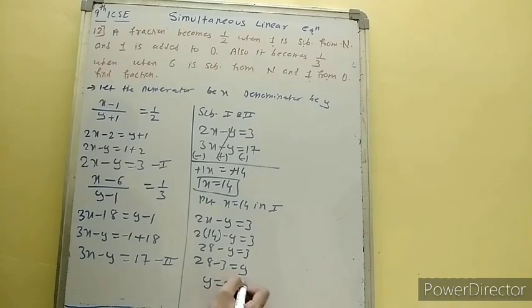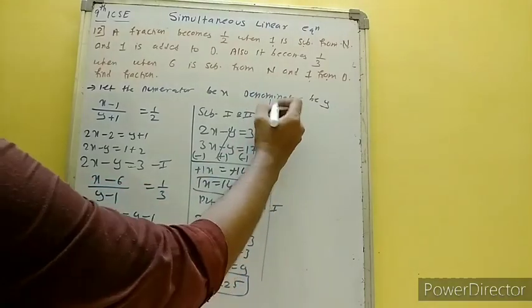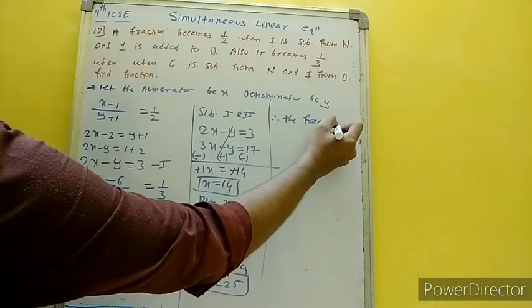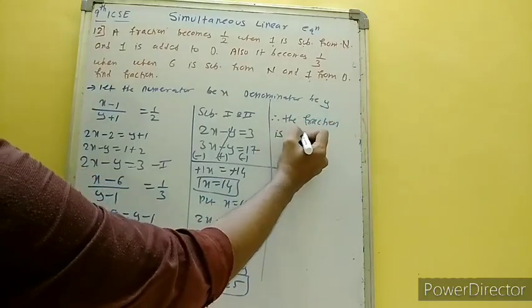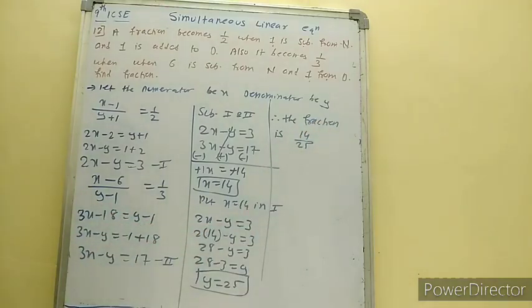We have the value of y as 25. So the value of x is 14 and the value of y is 25. Therefore, the fraction is x upon y, that is 14 upon 25.